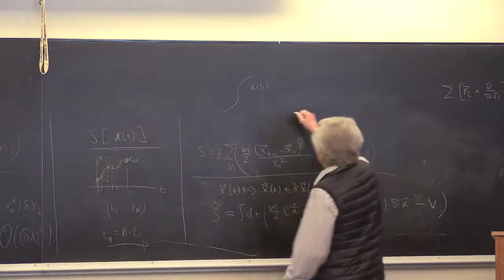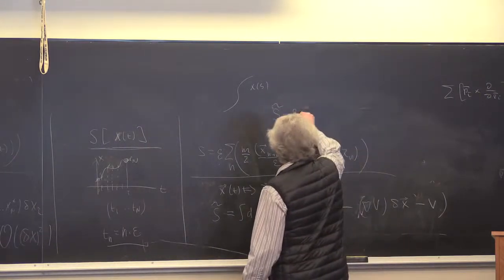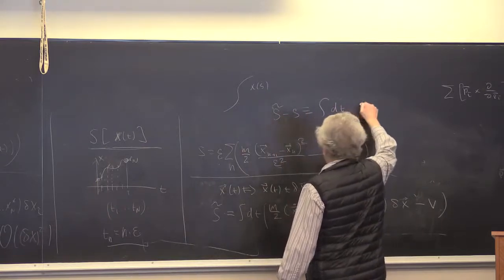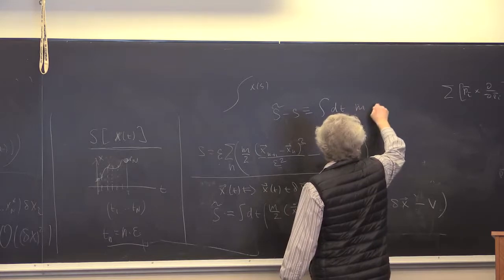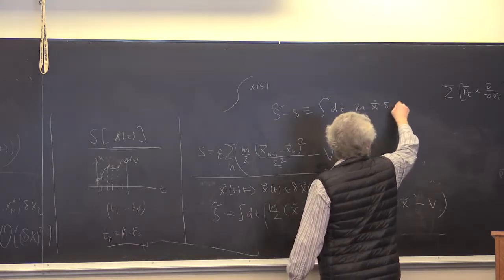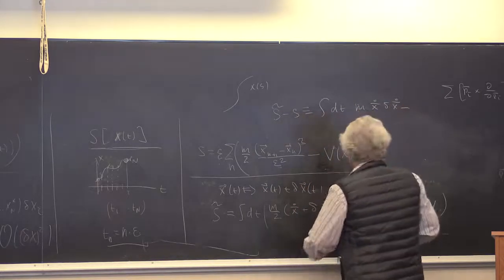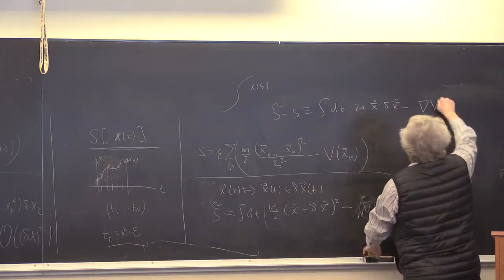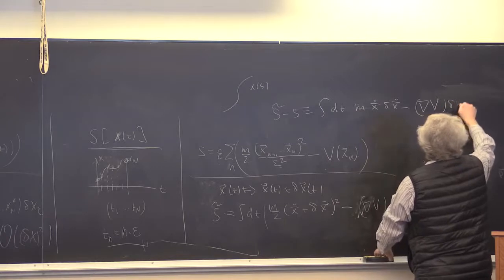Now, the change of action is the integral over dt of m x dot delta x dot minus gradient of v delta x.